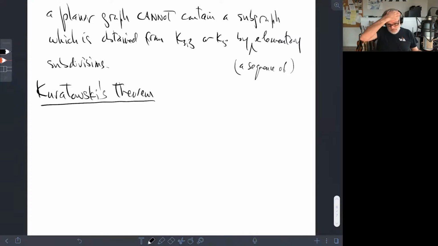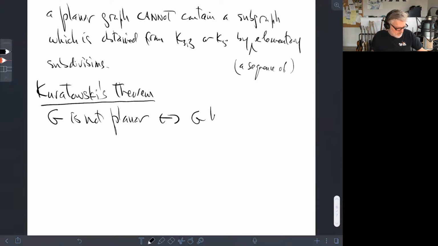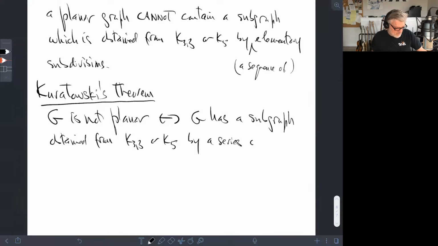So let me state it in the negative way. G is not planar if and only if G has a subgraph obtained from K33 or K5 by a series of elementary subdivisions.